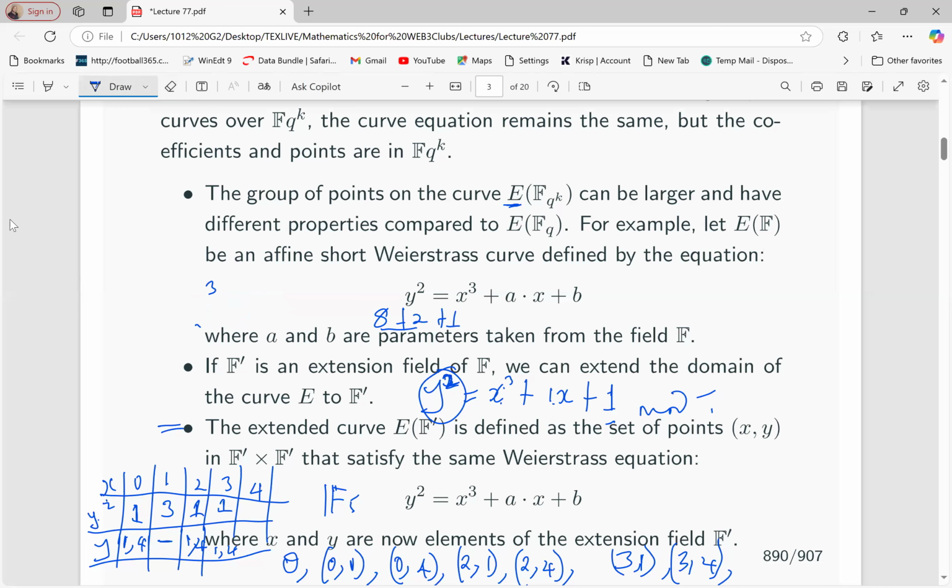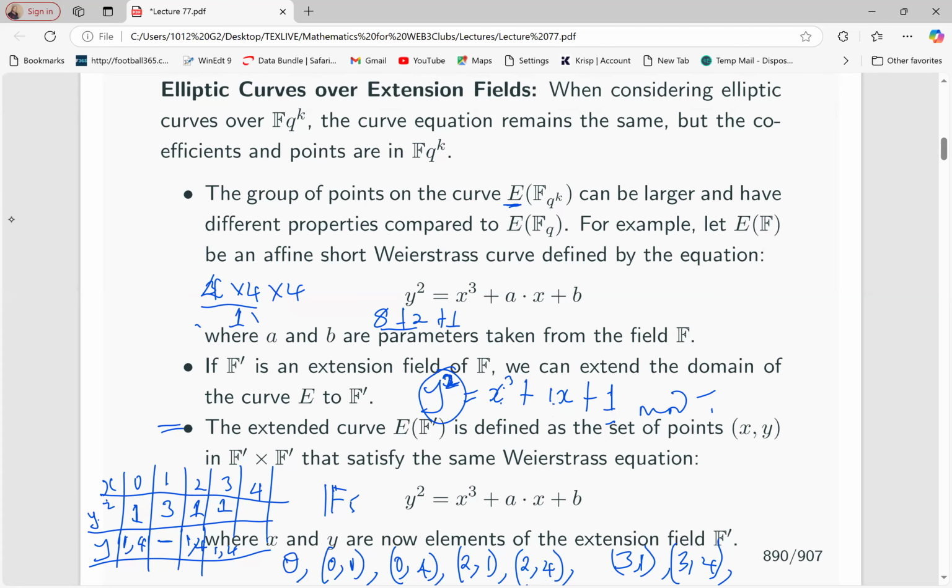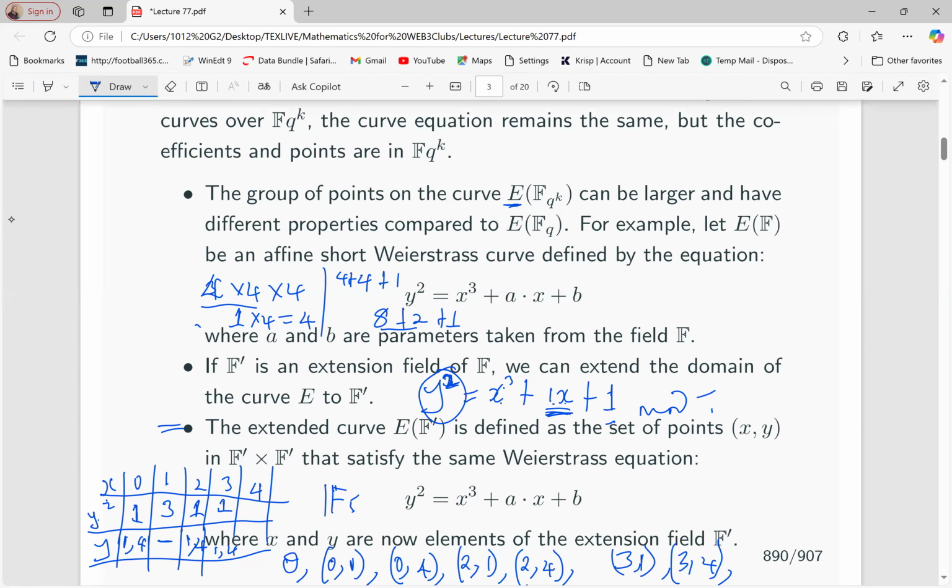4 cubed. This will be 4 times 4 times 4. But you notice that 4 times 4 is 1. Then times 4, which is 4. Then plus 4x. But the x is 4. So what we have is plus 4. Then plus 1. This is 8, 9, which is 4.